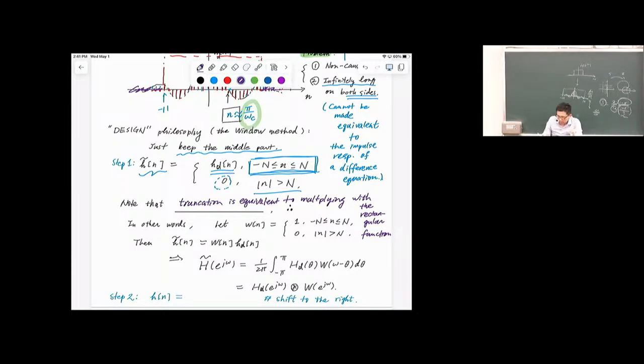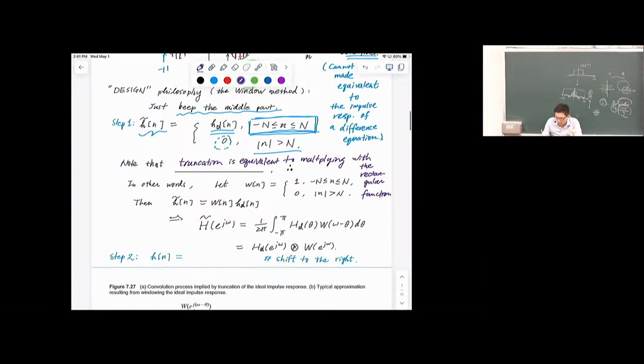To be more precise, we should introduce this w of n. Let us introduce the window function, the rectangular window. This function is 1 between minus N and N, and 0 elsewhere.